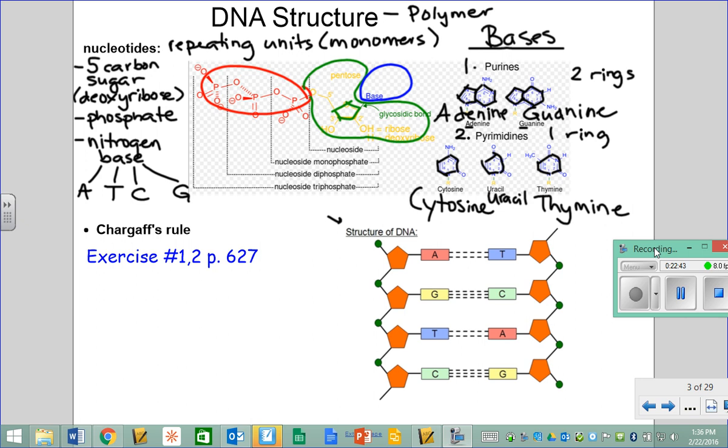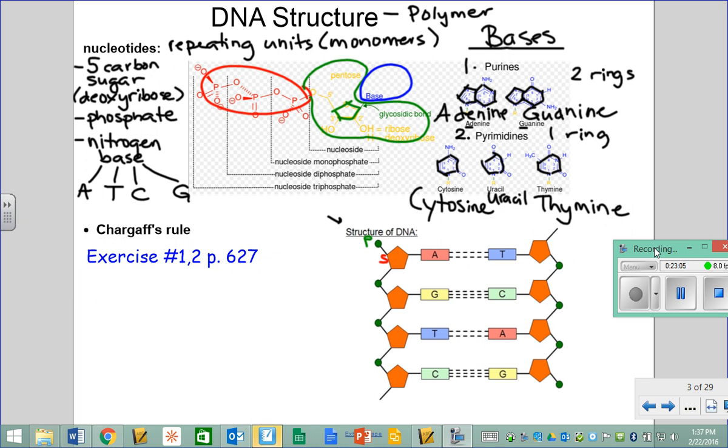Now the next thing is a little bit about DNA and how things are set up. Based on what we know now, DNA's basic structure is that on the sides, you have a backbone made out of alternating phosphates and sugars.